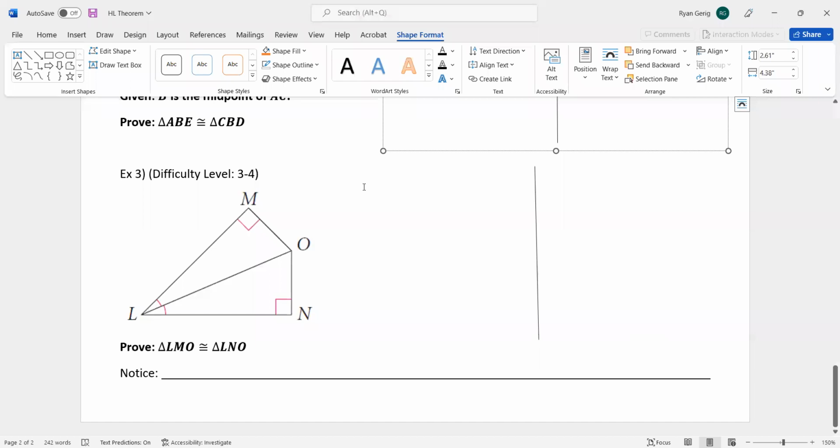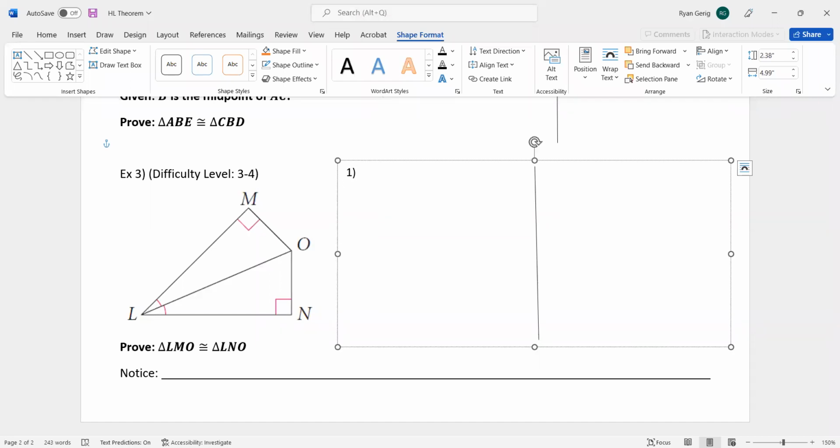So here we go. Step 1. I'm going to start with the right angles again. Angle M and angle N are right angles. Let's give it. Okay. Angle M is congruent to angle N. Why? All right angles are congruent.